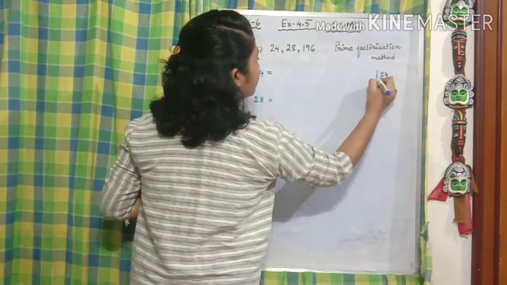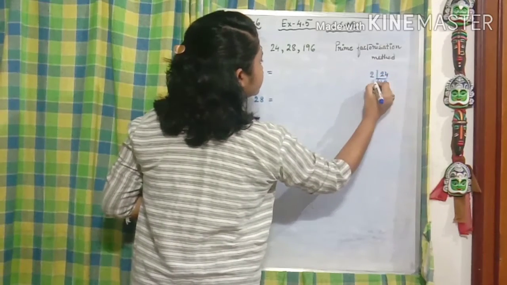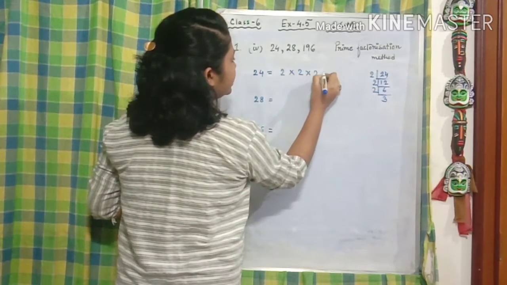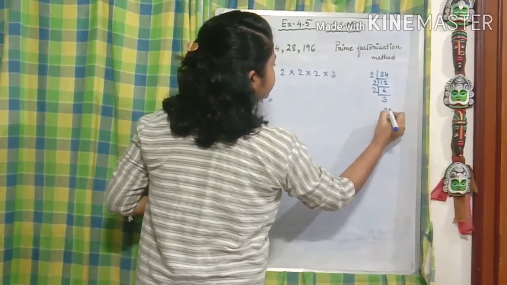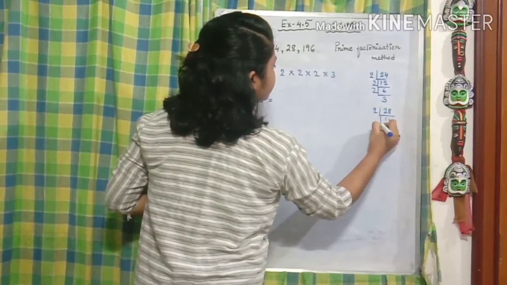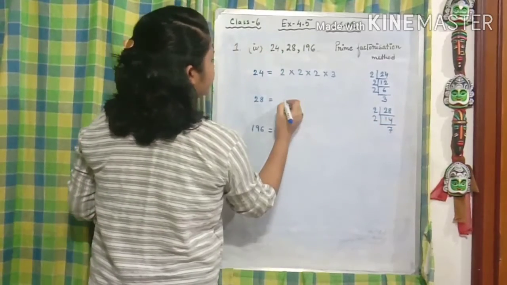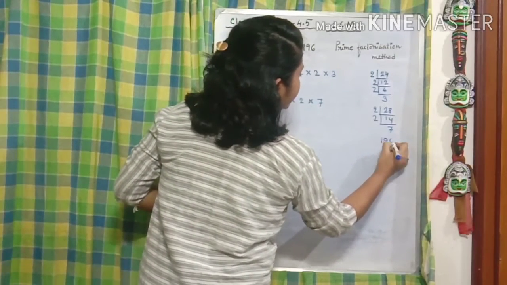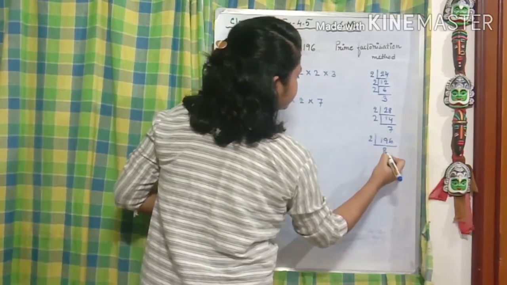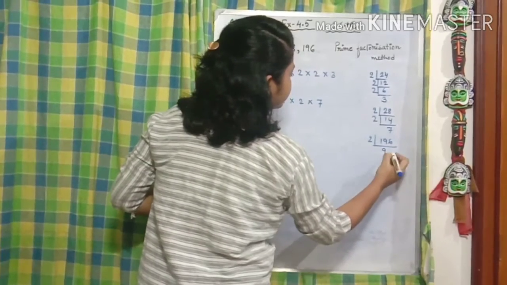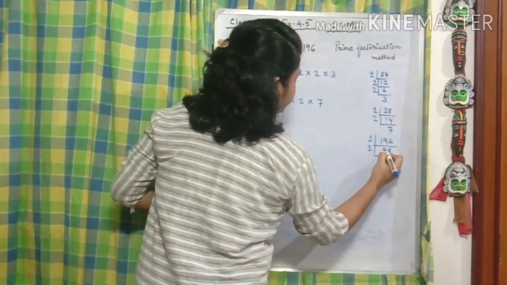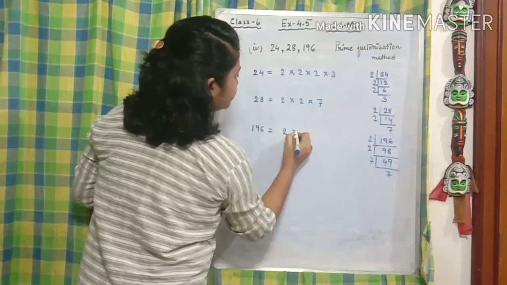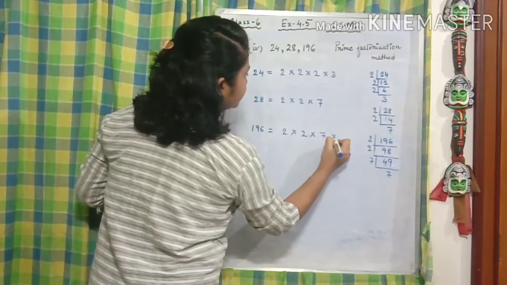So for 24, it is 2 into 2 into 2 into 3, while for 28 it is 2 into 2 into 7, and for 196 it is 2 into 2 into 7 into 7.